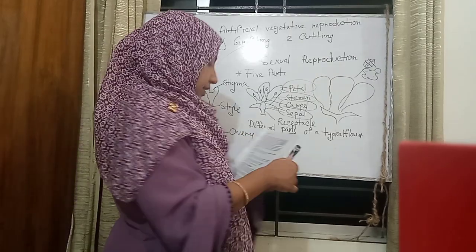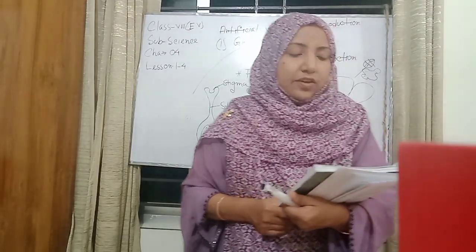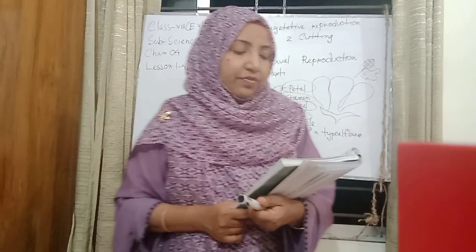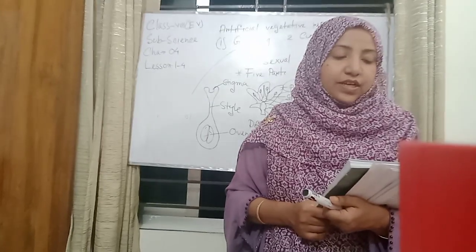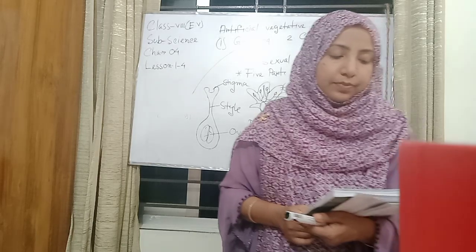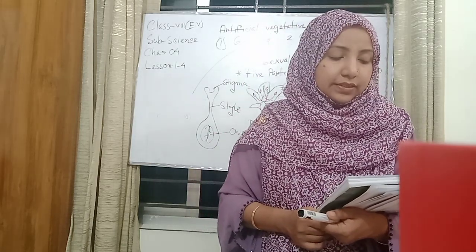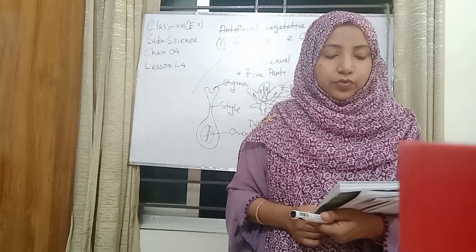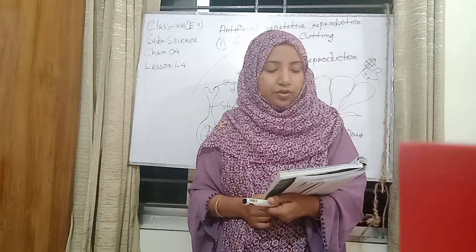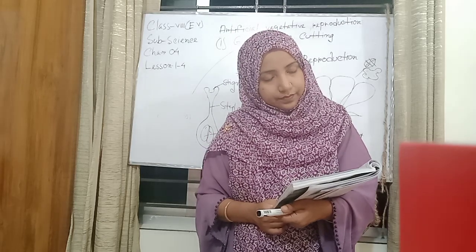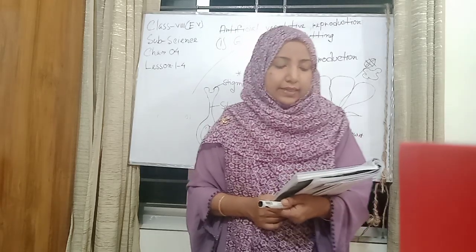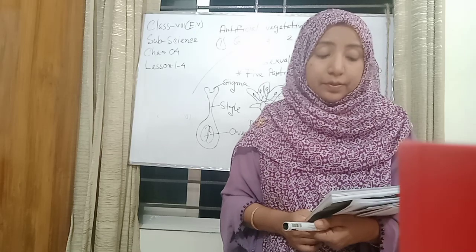The gynoecium is at the center of a flower. A gynoecium may be structured with one or more carpels. When a gynoecium is formed with many carpels completely merged with each other, it is called syncarpous. And when they are separated, it is called polycarpous.